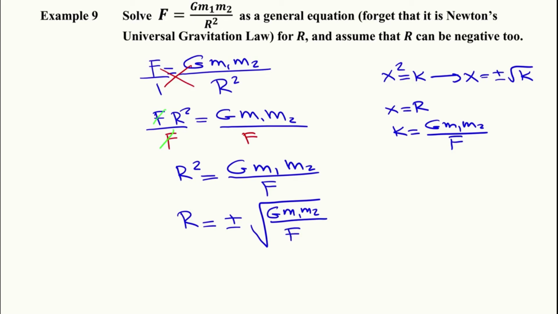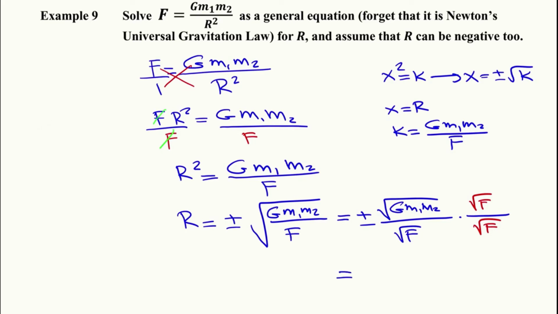And of course, we're not going to leave it like that. We will accept both the positive and the negative, since we're asked to not assume anything about this equation, but we do need to rationalize the denominator. So we're going to go ahead and break it up. And now we'll multiply top and bottom by square root of f over square root of f, just like that.